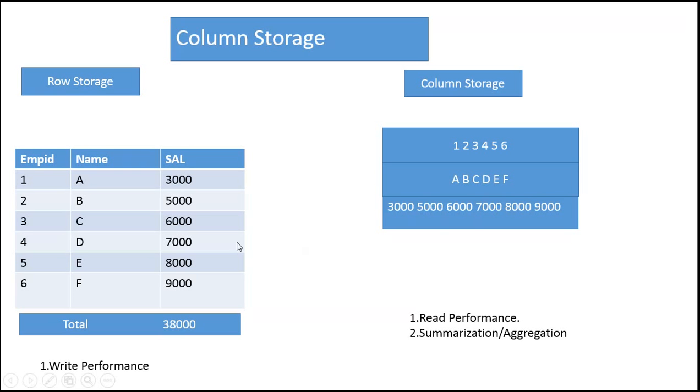Is column storage clear, or do you have any doubt? So you're saying when it comes to writing, you write in row storage, and when it comes to reading, you read from column storage. Is that what you mean? Yeah, it's good performance.